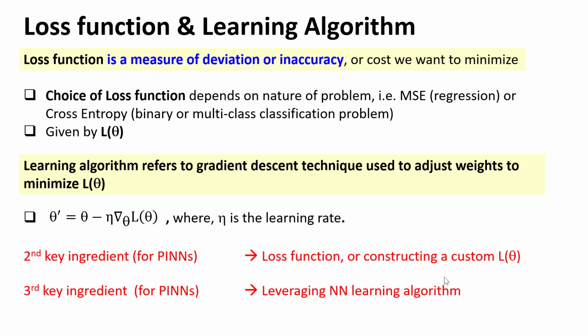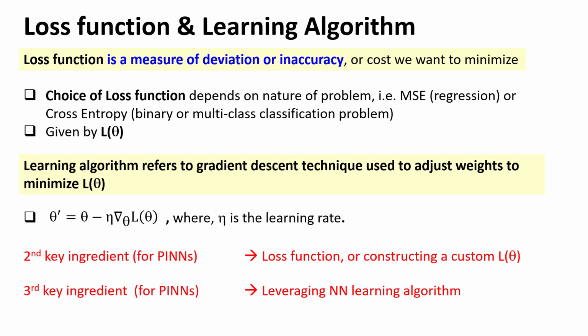So we looked at three key ingredients that help in the construction of a PIN, a physics-informed neural network. First one is availability of differentials. Second is the loss function. Third is the neural network's learning algorithm.